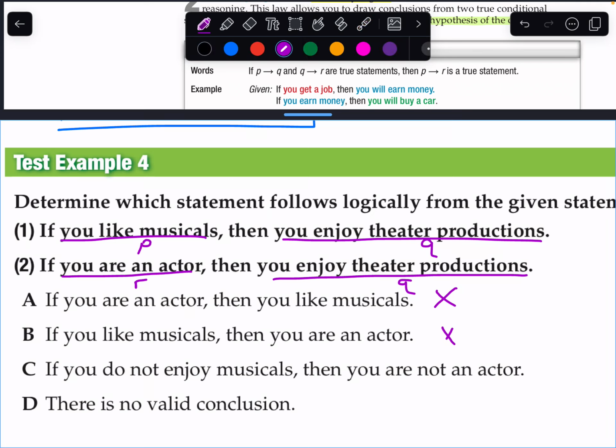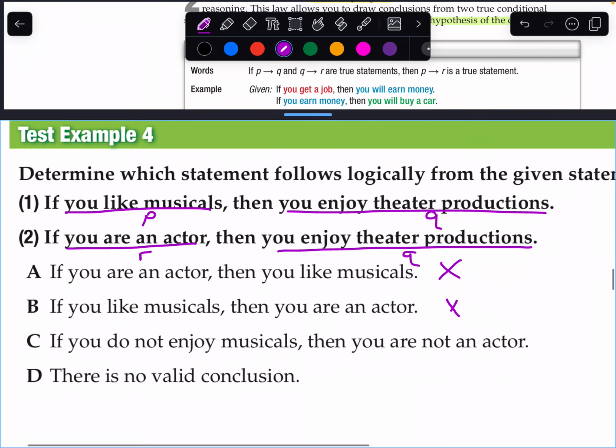Option C: if you do not enjoy musicals, then you are not an actor. That sounds like they're trying to do some sort of inverse or contrapositive here, but musicals and actors are not directly connected. You can't draw that conclusion either, even the negation of such a connection.